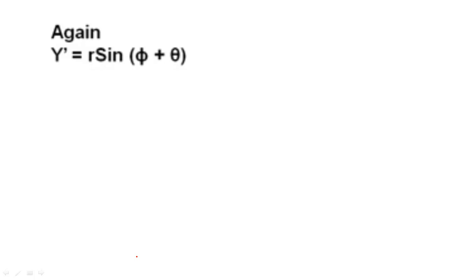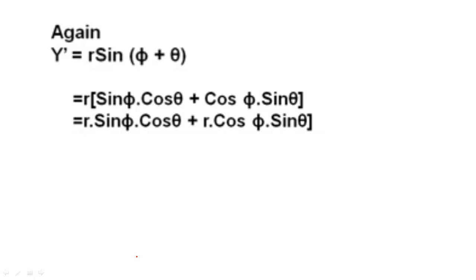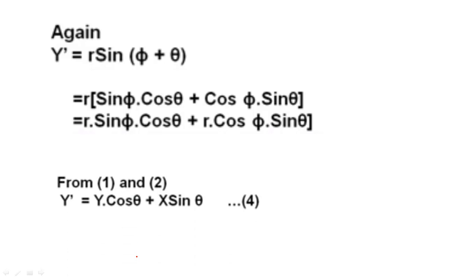Then similarly y dash is equal to r sin of phi plus theta. We will apply the basic trigonometric equation sin of a plus b. We will expand that bracket, and finally we will get y dash is equal to y cos theta plus x sin theta. That is equation number 4.